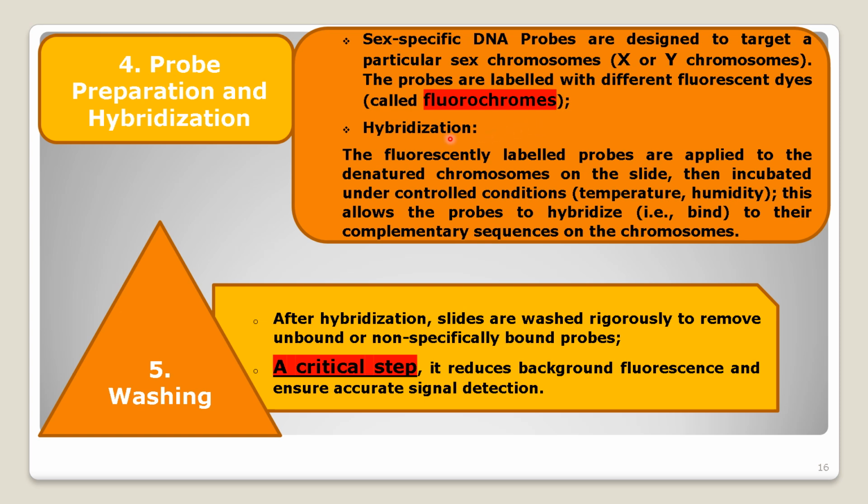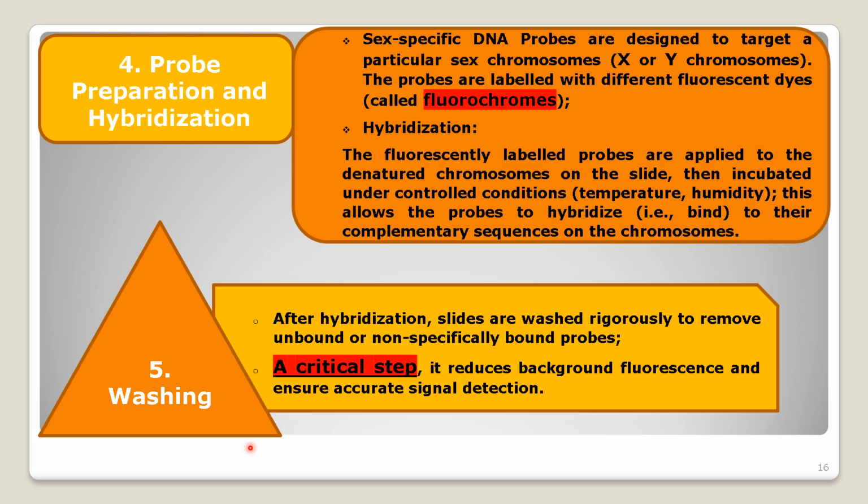After that, we carry out the hybridization, during which the fluorescently labeled probes are applied to the denatured chromosomes on the slide. They are incubated under controlled conditions of temperature and humidity. This allows the probes to hybridize, that is, to bind to their complementary sequences on the chromosomes.